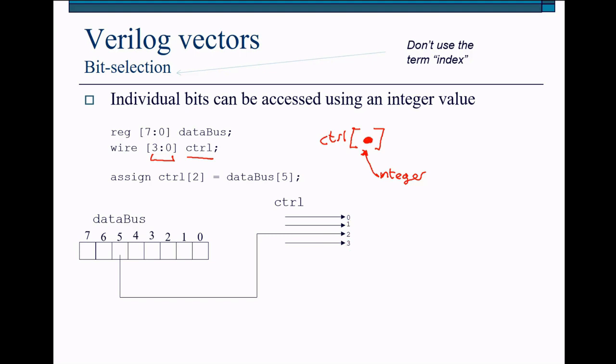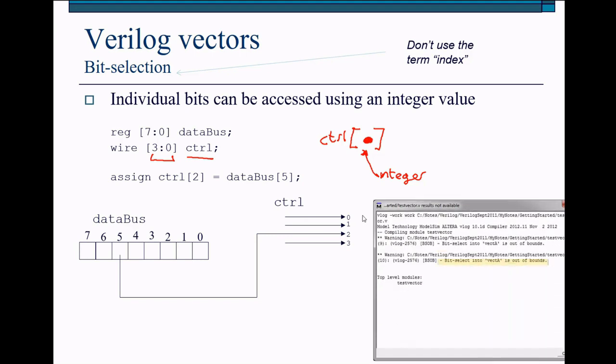In the case of using a bit select outside the allowable range, or if the bit select is an X or Z, so this could be an X or Z in addition to an integer, then the value returned by this reference will be an X value. And depending on the tool that you use, sometimes a warning is given when this happens. So for example, a bit select into vect A is out of bounds is a warning that occurs when a design is loaded for simulation.